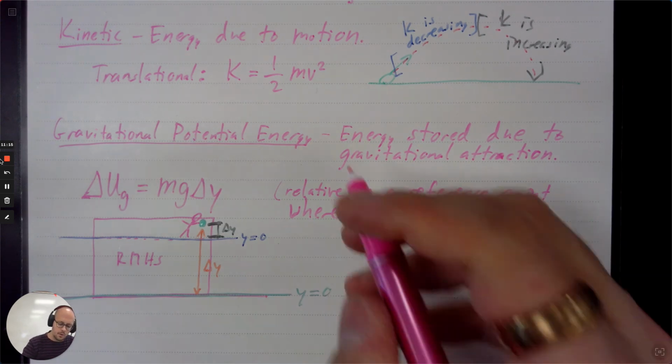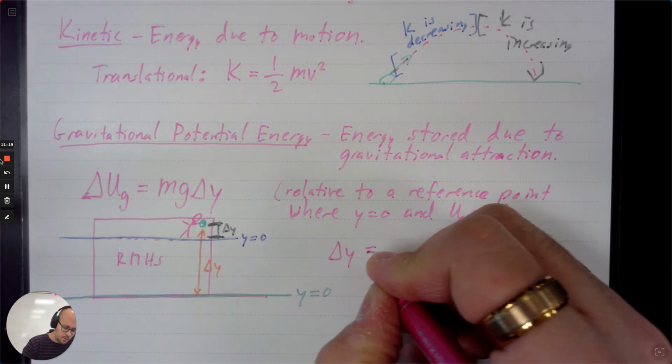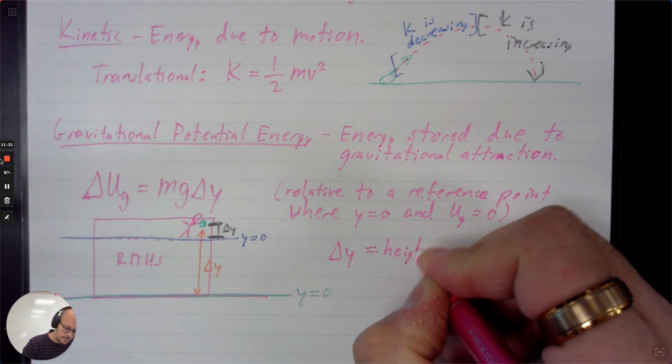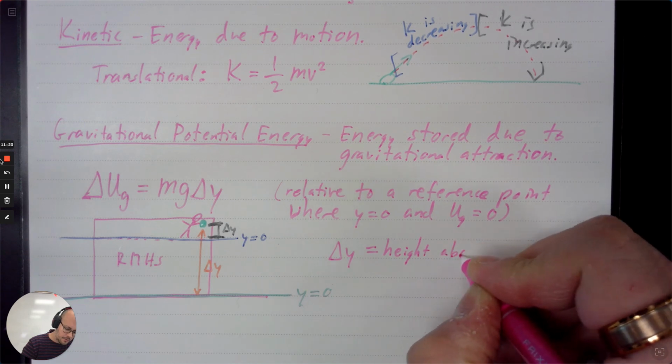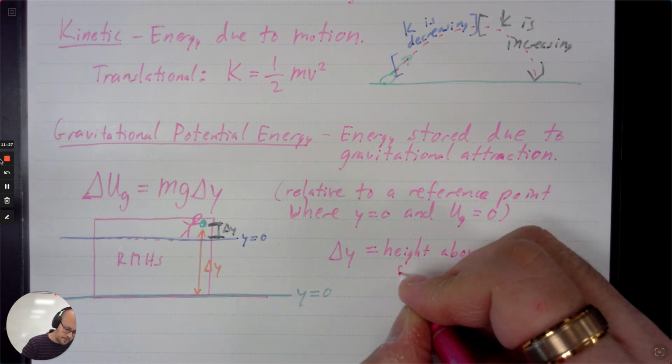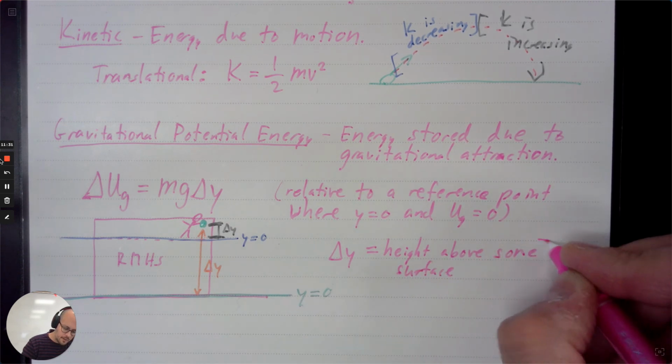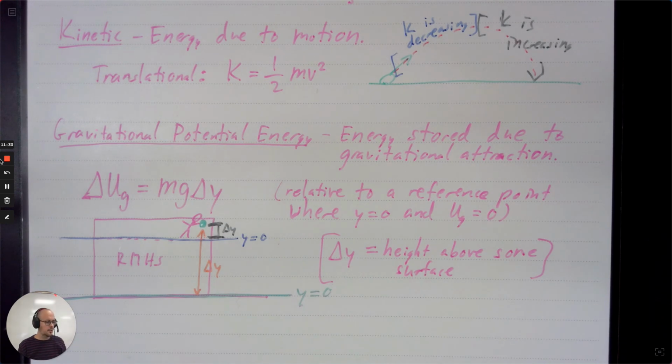So when all is said and done, delta y is more or less height above some surface. Now, it doesn't have to be a surface. You are not confined to this statement right here, but you want to think of delta y as height. How high is it off something, maybe the ground or the lab bench? How high it is relative to some other structure is also useful.